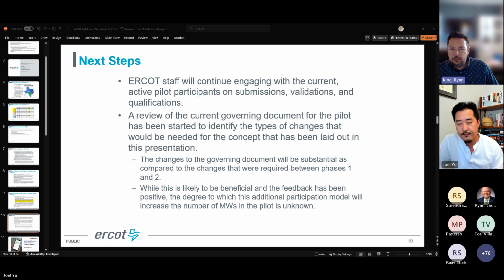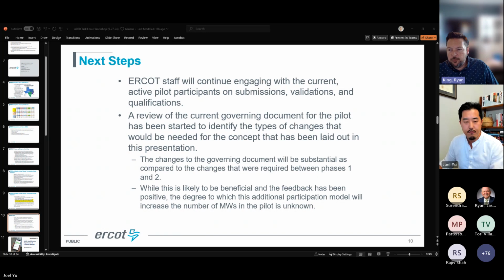So I would say that we have started internally drafting some of these red lines. I'm a little hesitant to give a date certain because, as this meeting has demonstrated, there may be some policy questions that we would want to iterate with the task force and individual participants to understand what we would want to see in this phase 2 governing document.